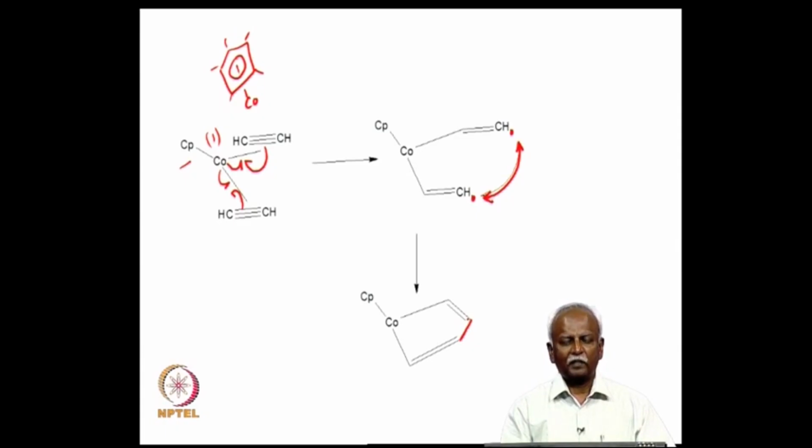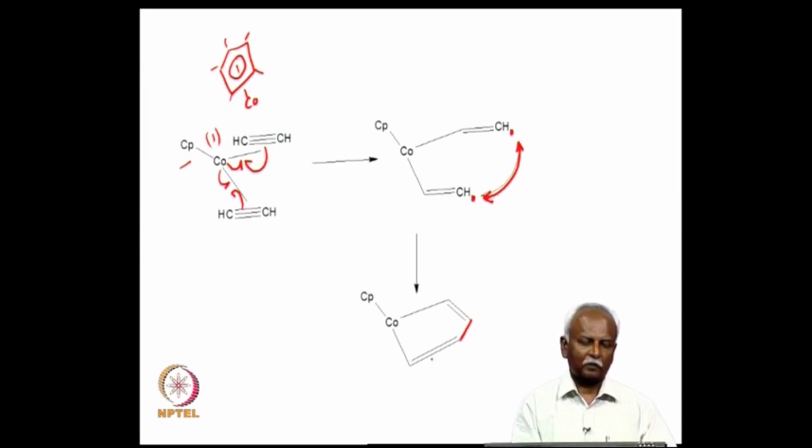So, metallocyclopentadiene can be formed by oxidative addition, which is indicated by these 2 half arrows on the cobalt coming out and forming a covalent bond with the acetylene, resulting in a vinyl radical. The 2 vinyl radicals combine to form a metallocyclopentadiene.